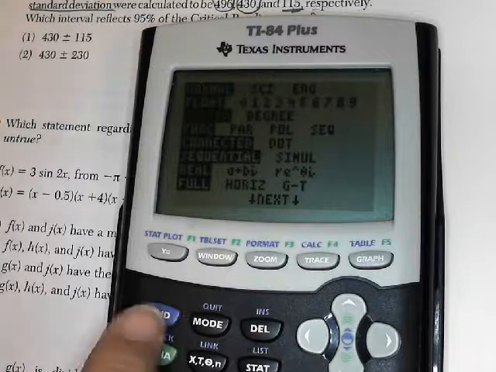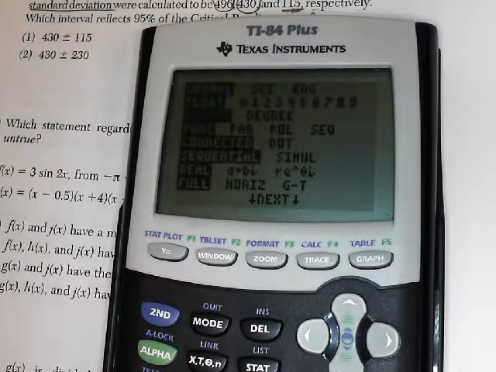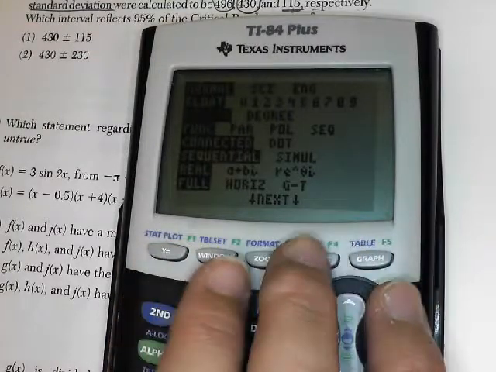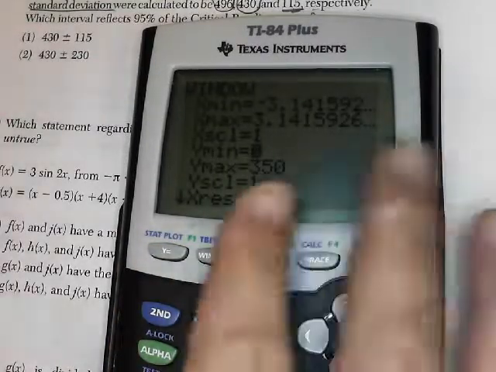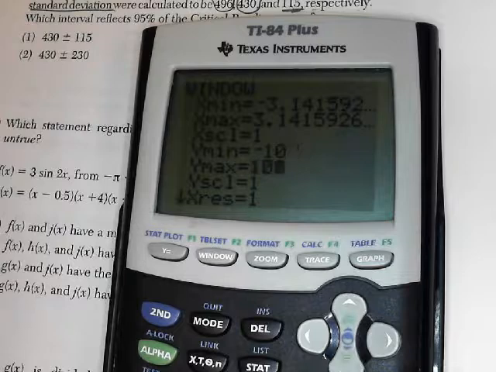I would think most of yours would be in radians. And then your window for your y-axis, the 0 to 350 was that ants problem, so we want to change this, and we can go from negative 10 to 10 just to start, and we'll adjust if we need to.